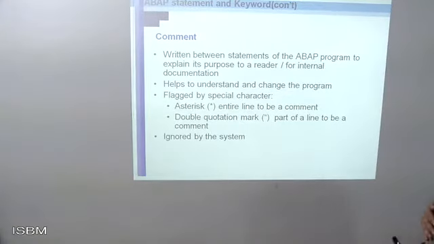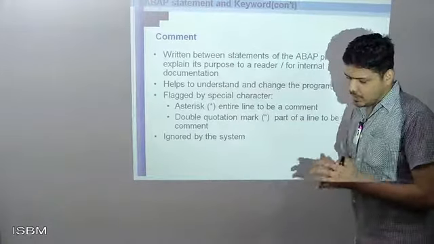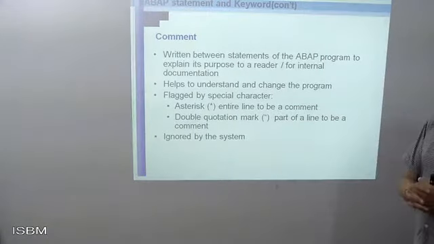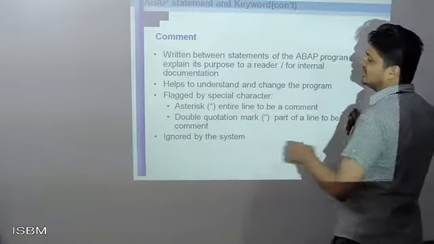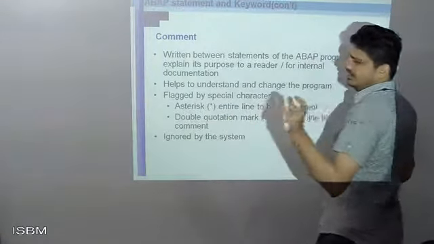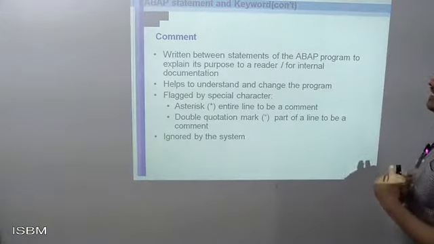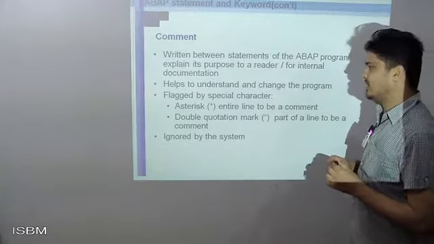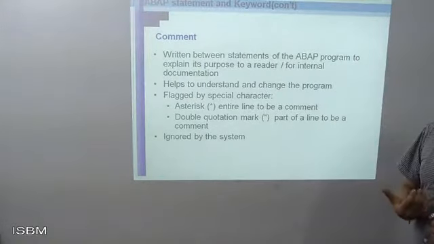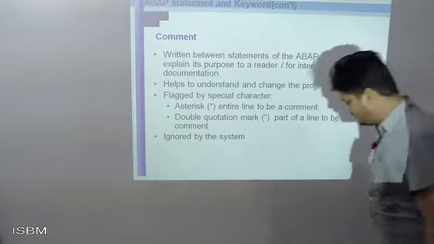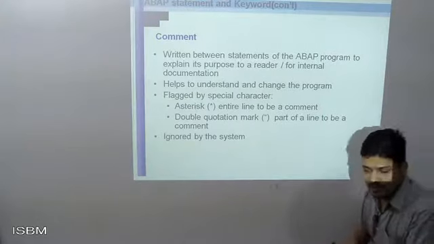Basically in ABAP programming, while writing any code, we usually write some comments initially. Comment means we use a star at the starting point, on the left side. With the star, that line is commented and will not be executed. We write comments to understand what we are doing there.